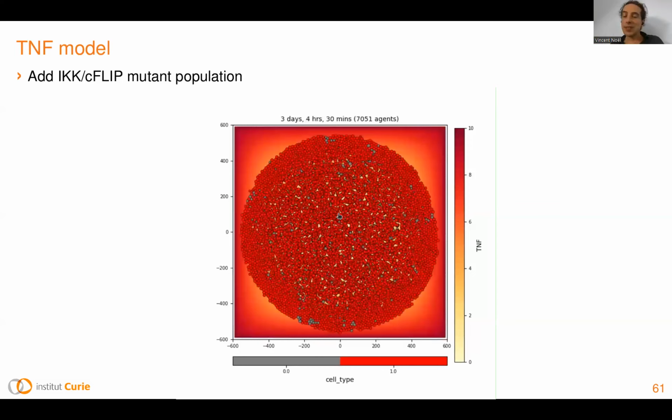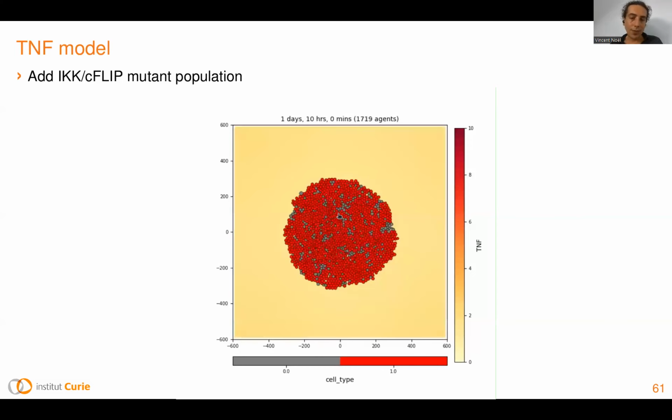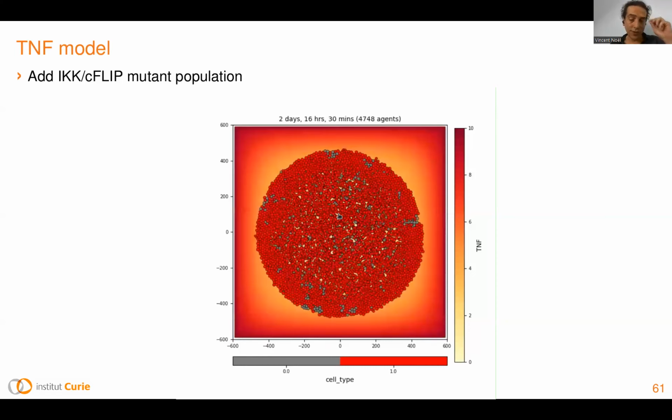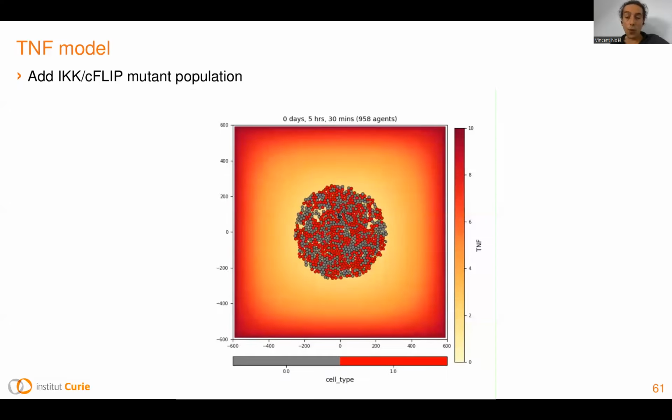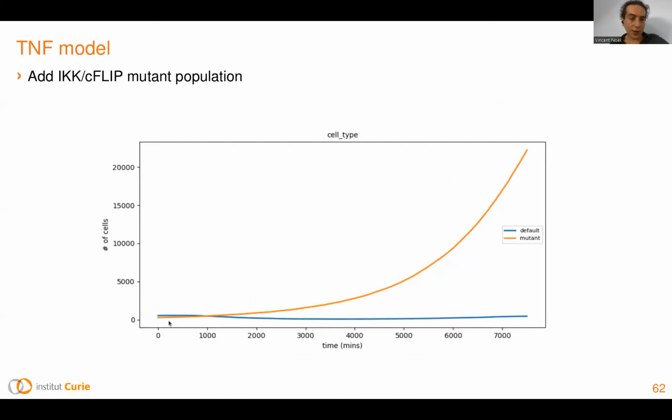So our tumor will keep growing slightly slower, because at first you still have some cells which are not mutants, but then we really grow as if there was no TNF. And so we have at first a population which was mainly default cells, non-mutant, but very quickly the tumor will become composed only of mutant cells, despite the pulses of treatments of TNF.